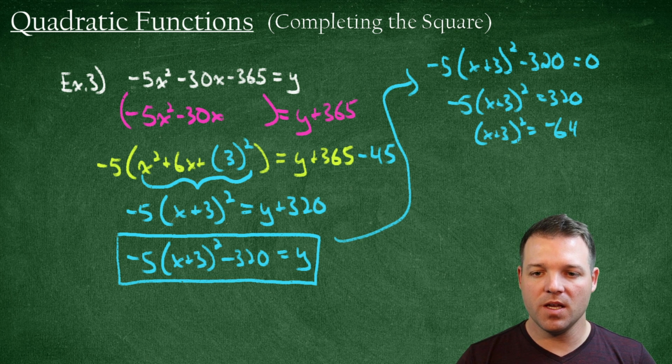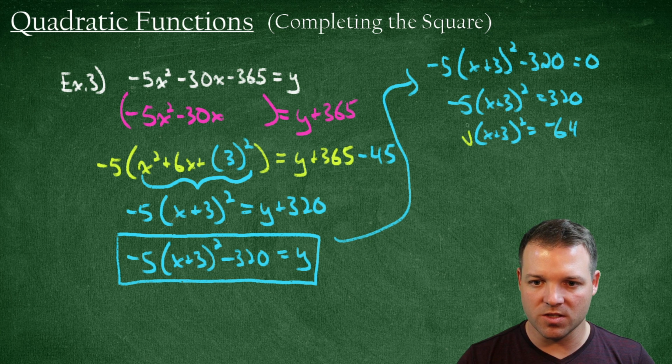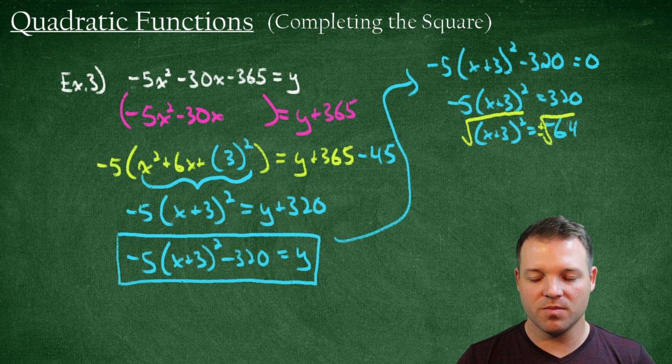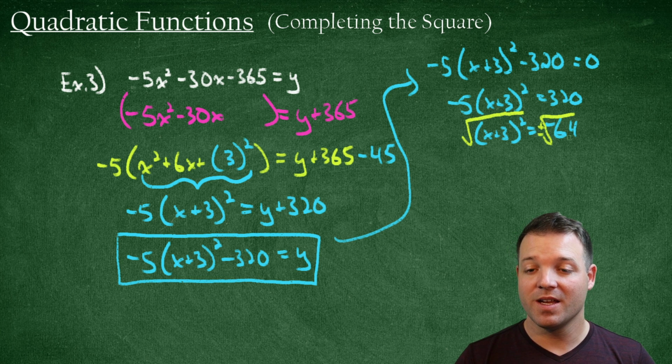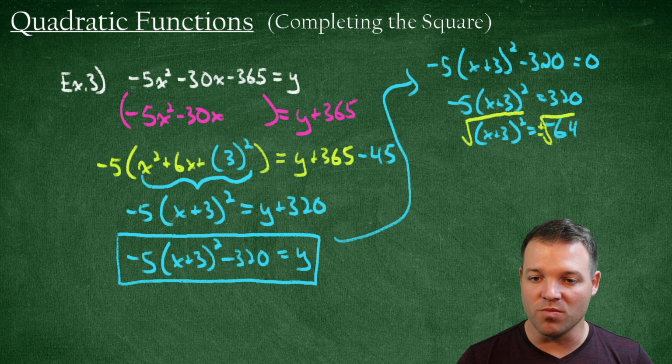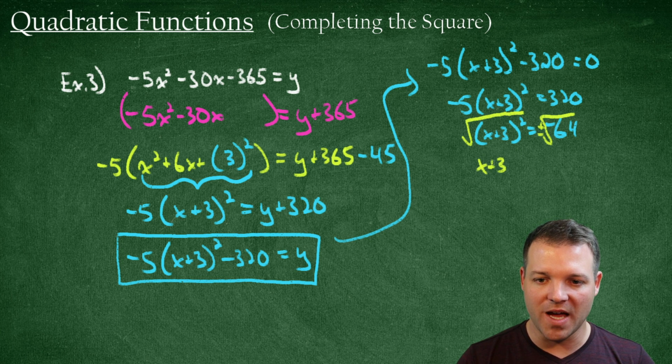All right, and let's go ahead and apply our square root method here. So I'm going to take the square root of both sides. It's going to be plus or minus, and notice I have the square root of a negative number here, so that's kind of interesting. We're going to have imaginary roots. All right, but anyways, so the x plus 3 will pop out of the left-hand side.